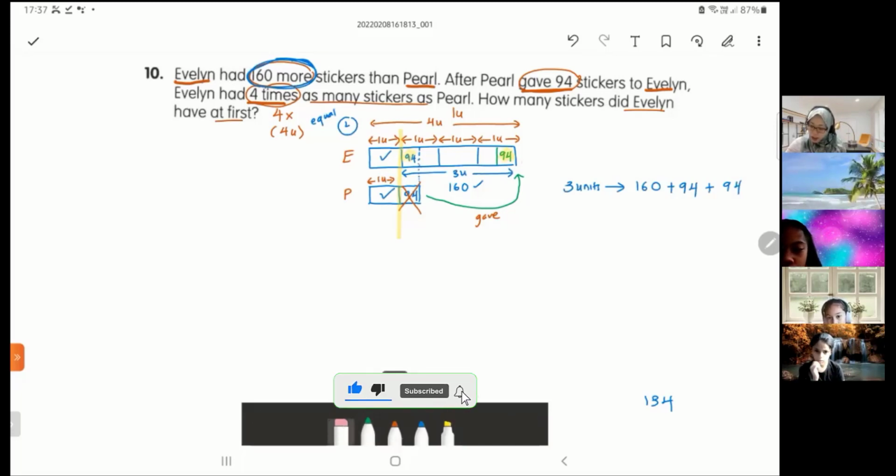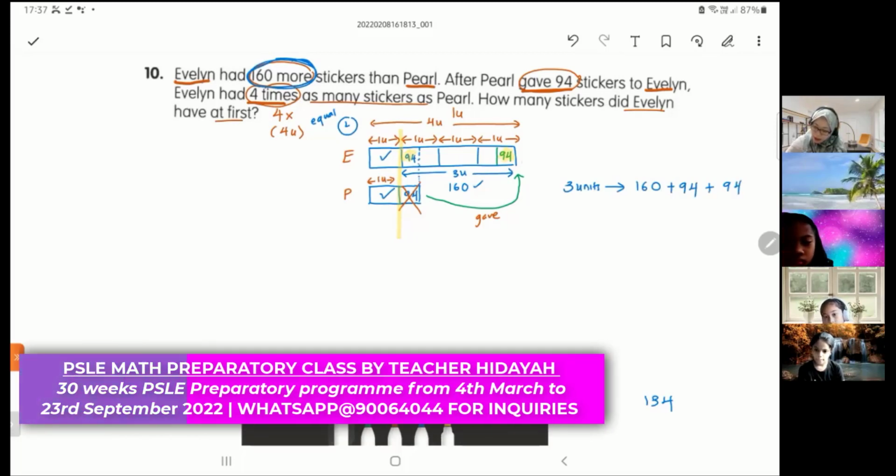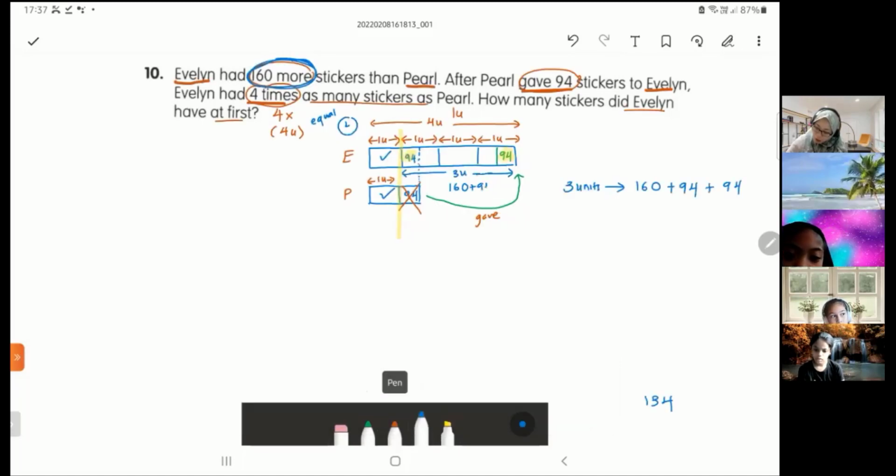All right, so once you include everything inside, this is 160. I'm going to erase this. Plus 94 plus 94 here. Before that, it is just this portion, this until here is 160, but when I add in the 94 here, the whole thing becomes this equation, which is 348.